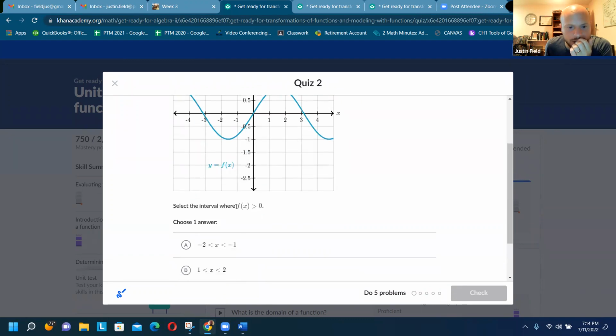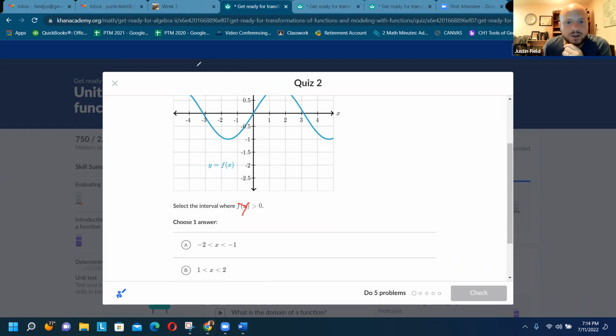Sinusoidal. Select the interval when f of x is greater than 0. So f of x is the y value. So the interval when y is greater than 0, it's from here to here, because it's anywhere that the blue graph is above the x-axis.